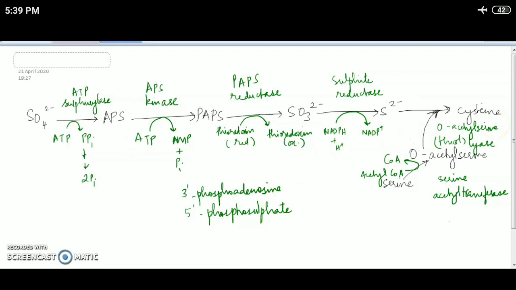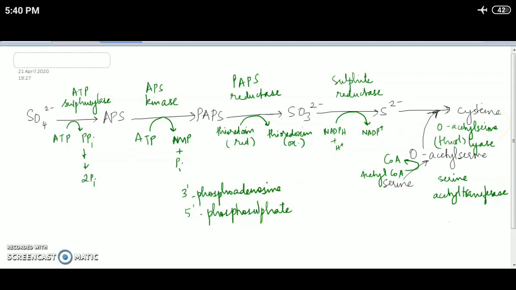Now sulfite is acted upon by sulfite reductase. This type of sulfite reductase is called assimilatory sulfite reductase. So sulfite is acted upon by sulfite reductase to give sulfide. In this process, NADPH is oxidized to form NADP+.